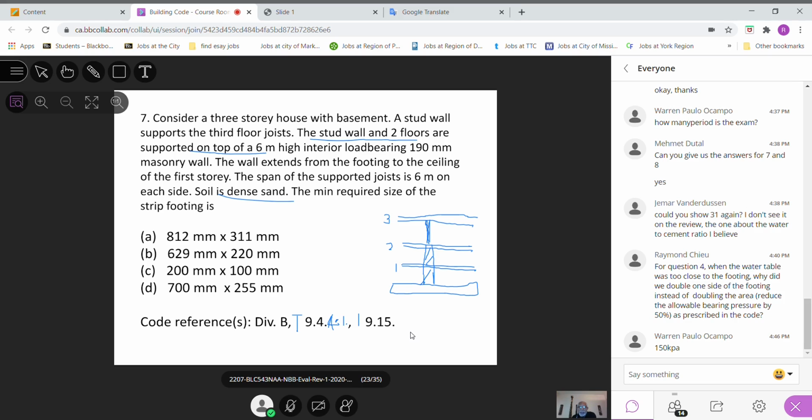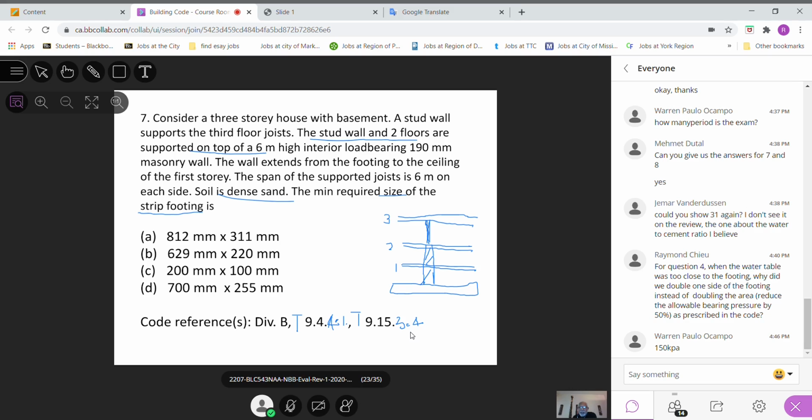Then we go to table 9.15.3.4, and the question asks for the size of the strip footing. We want the depth and the width. And the span is 6 meters on either side.